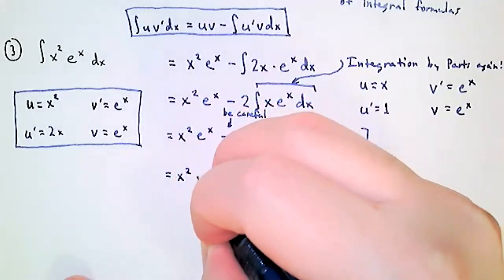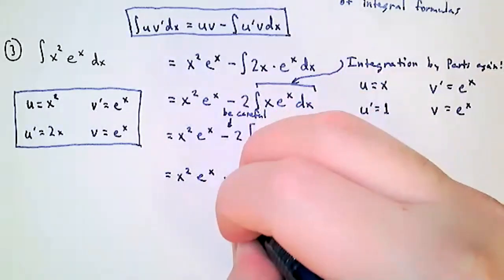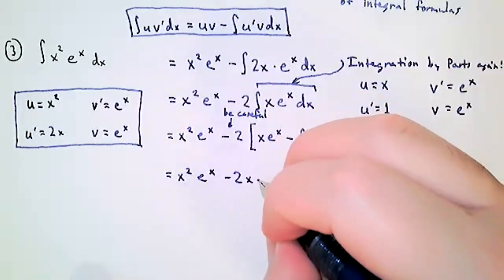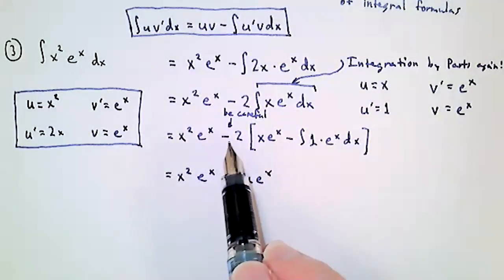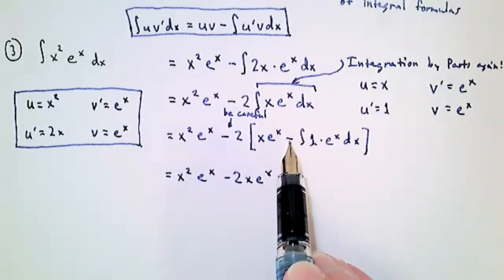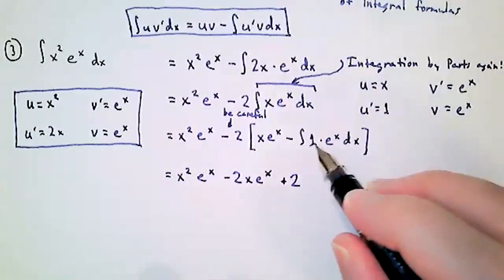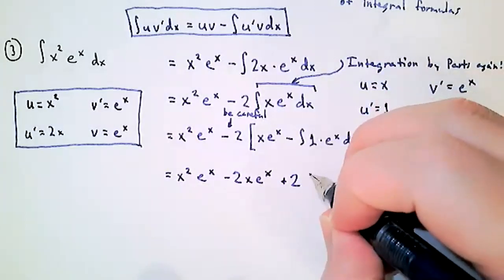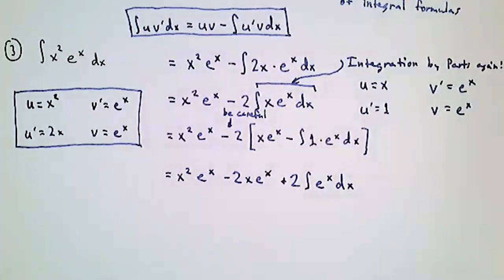So copy down x squared e to the x, then we'll get a -2 x e to the x. And then here's where we have to be careful again. We have a -2 and an extra minus sign here. So that becomes a +2. And then we can drop the 1 here in the integral to make it a little simpler looking.